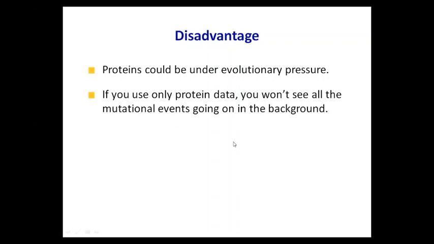Therefore, today there is a tendency to use both genetic, that is your DNA or RNA sequences, as well as the protein sequences for phylogenetic analysis. But one condition is that the sequences used for phylogenetic analysis should represent some conserved sequences. In case of bacteria, the 16S ribosomal RNA sequences are known to be highly conserved within a species. That means when it undergoes mutational variation over a period of time, there is emergence of new species.